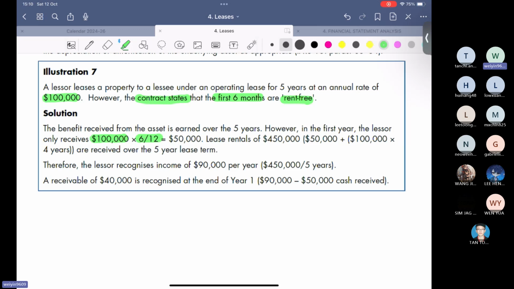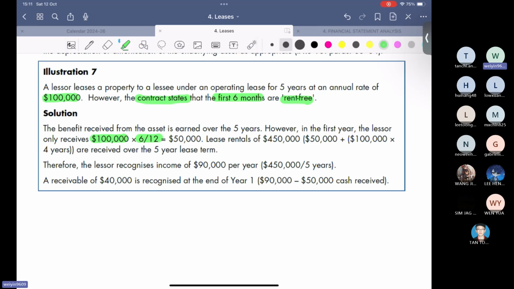Then the rental of 450,000 is received over the 5-year lease term. So this is a little bit like a deferred rental receipt. Payment is for the lessee, lessor is receipt, class.